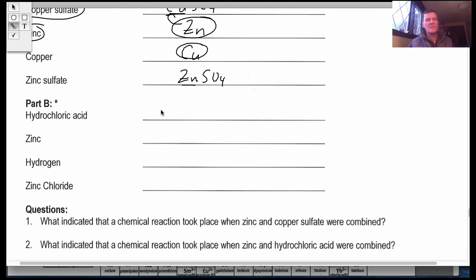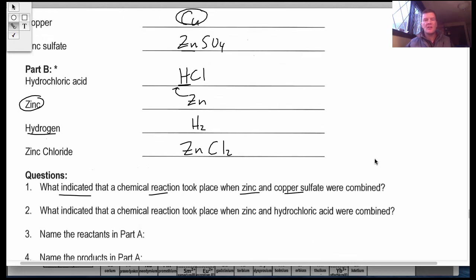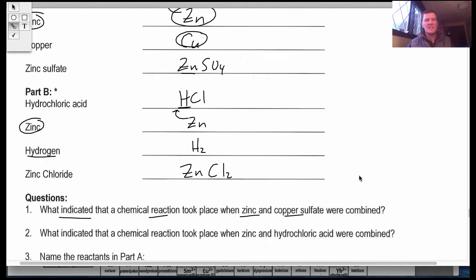For part B of this, we have hydrochloric acid, that's HCl, and then zinc is Zn, and we're going to form hydrogen. This H is going to come out because the zinc is going to kick it out. Hydrogen is H2, and then zinc chloride is ZnCl2. Okay? So, what indicated that a chemical reaction took place when zinc and copper sulfate were combined? You're going to see, in this case, a new metal.